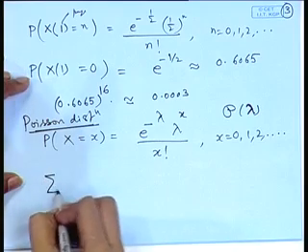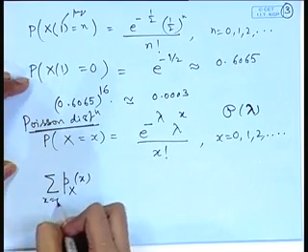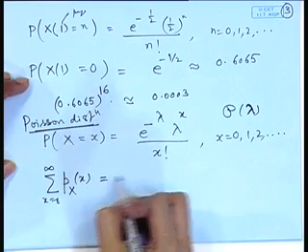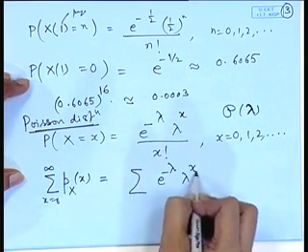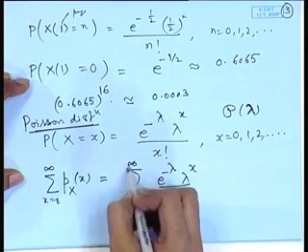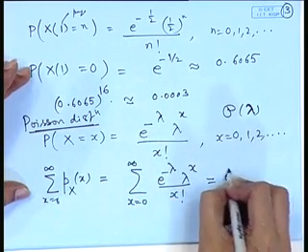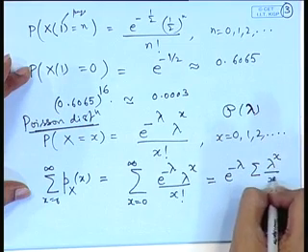If we look at the sum of P(x), x is equal to 0 to infinity, that is equal to the sum of e to the power minus lambda, lambda to the power x by x factorial, x is equal to 0 to infinity. This is equal to e to the power minus lambda times the summation of lambda to the power x by x factorial.